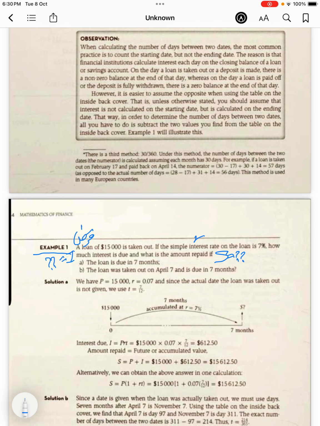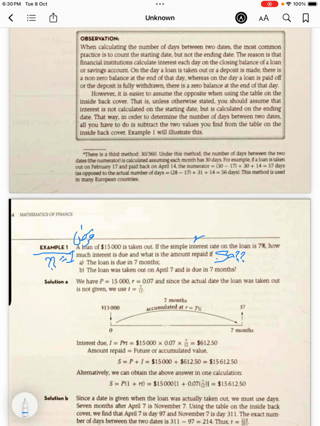A loan of $15,000 is taken out. If a simple interest rate on the loan, يعني قرض, is 7%, how much interest is due and what is the amount repaid?